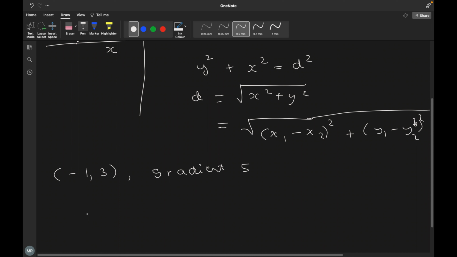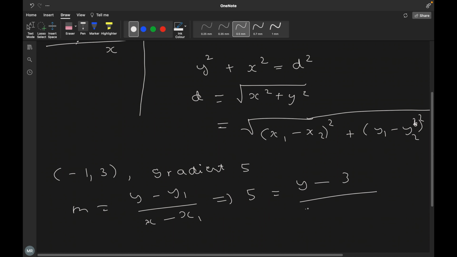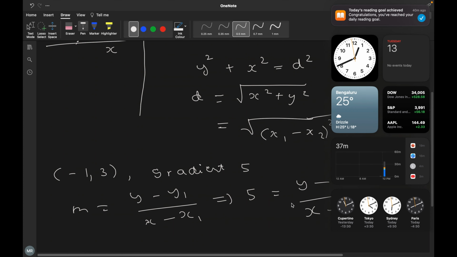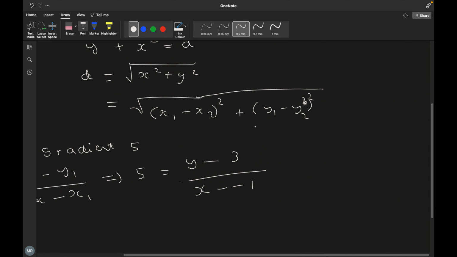Let's use the formula m equals (y minus y1) divided by (x minus x1). This implies that 5 equals (y minus 3) divided by (x minus of minus 1). So we get 5 equals (y minus 3) divided by (x plus 1).